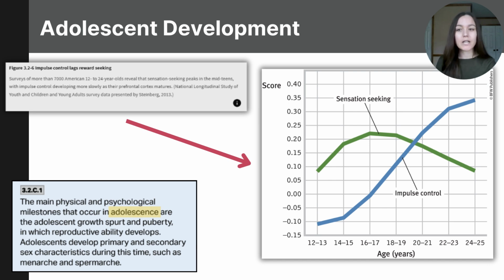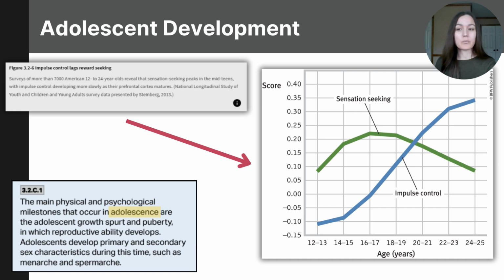This region of the brain is not fully matured until the mid 20s, which many experts say is a contributing factor to the impulsivity seen in adolescence that will diminish as they get older into adulthood, as well as some of the difficulties that adolescents have with long term planning that becomes easier for them as they age into adulthood.